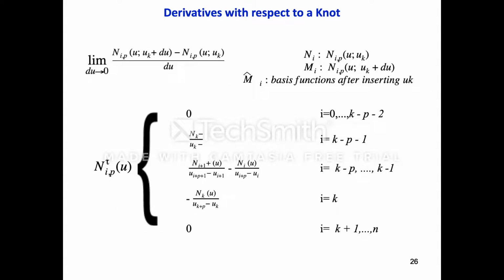With derivatives with respect to a knot, we get the following function where the i values range between 0 to k minus p minus 2, the value is 0. If i equals k minus p minus 1, we get the following expression. If i is k minus p to k minus 1, we get the following function. If i equals k, and if i equals k plus 1 to n, we get the following functions.